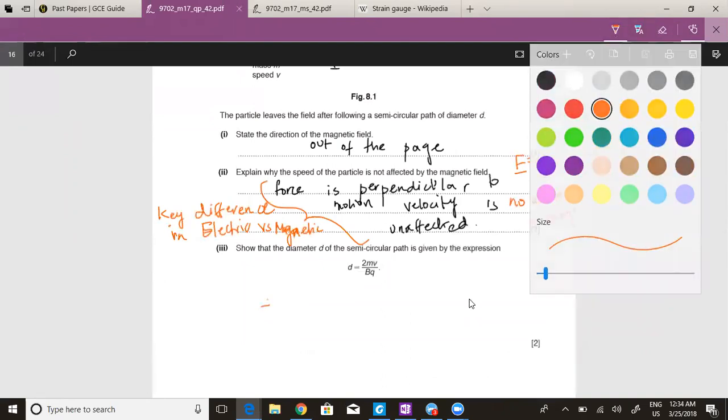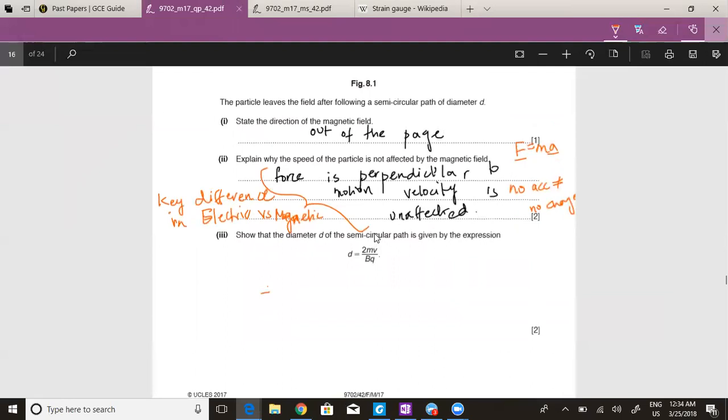Okay, let's move back. The centripetal force is coming from the magnetic force. So centripetal force is the magnetic force. Centripetal force, if you remember, is mv squared over r, right? And what's the magnetic force? The magnetic force is bqv.